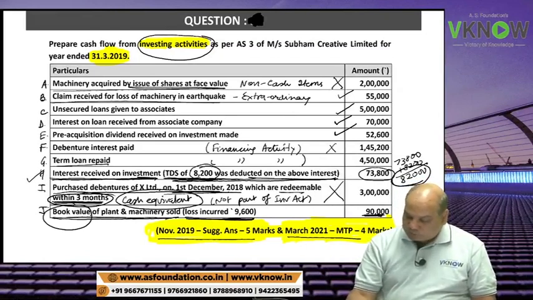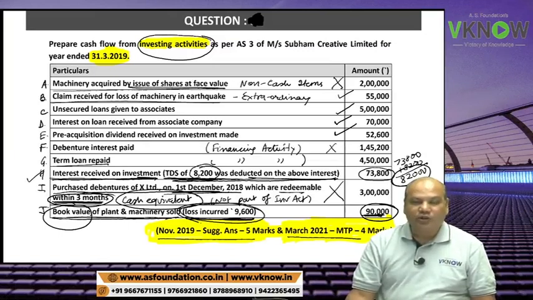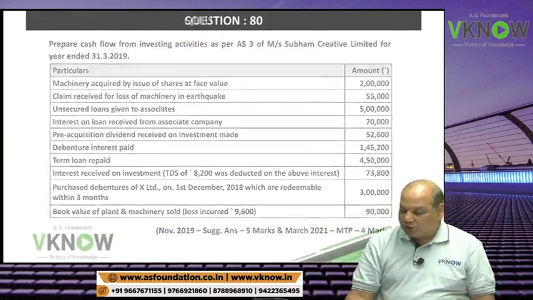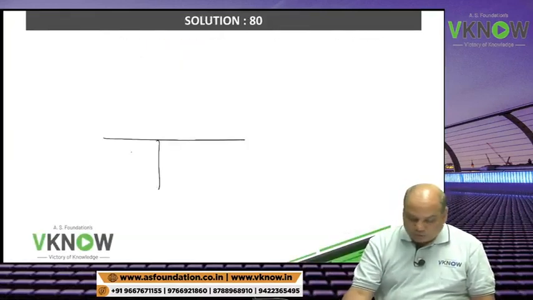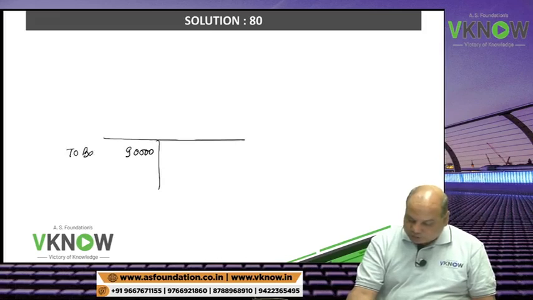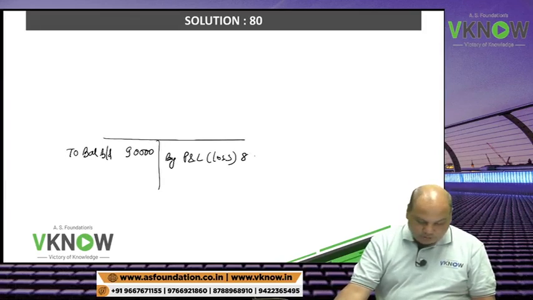Last one, book value 90,000. Loss incurred 9,600. Suppose book value is 90,000, to balance brought down and loss transferred to P&L account is 9,600.